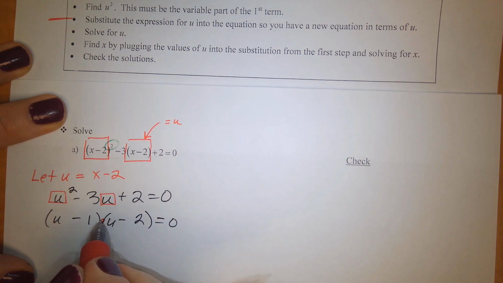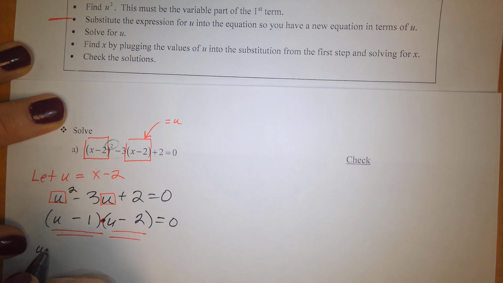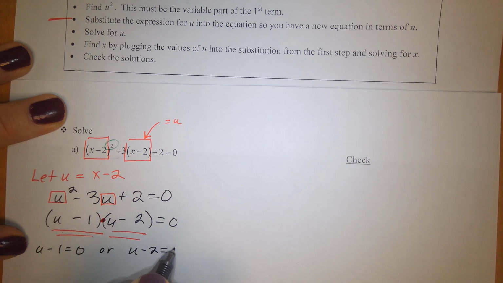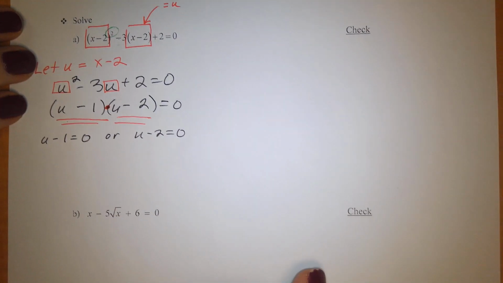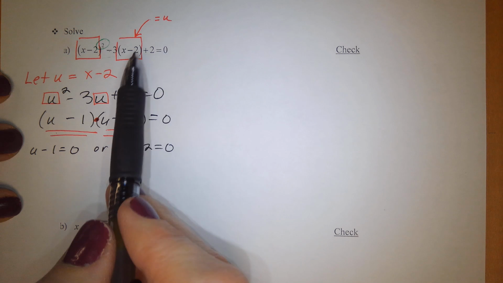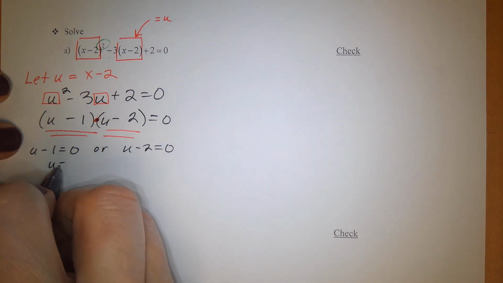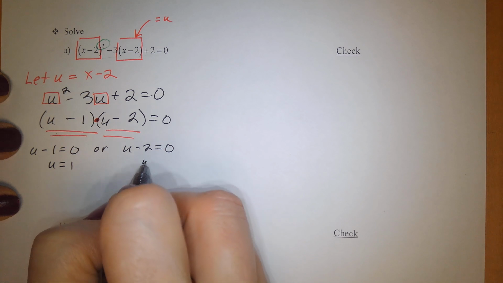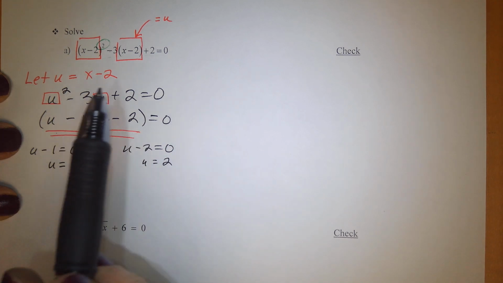So since these are multiplied and the product is 0, we set both of them equal to 0. u minus 1 is 0, or u minus 2 is 0. But remember, we substituted in the very beginning, we said u is x minus 2. So when we solve for u, I don't want the answer of u, I want it in terms of x.